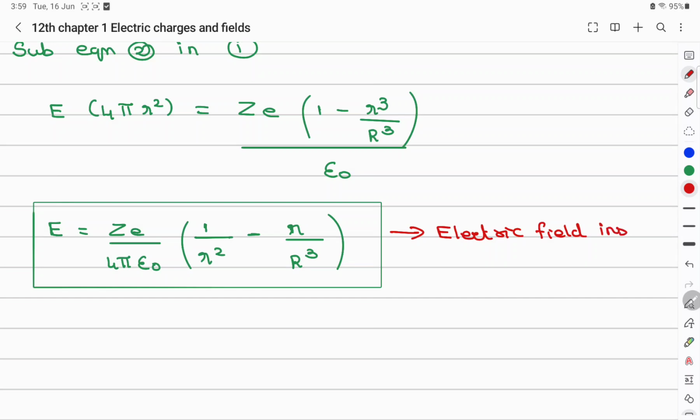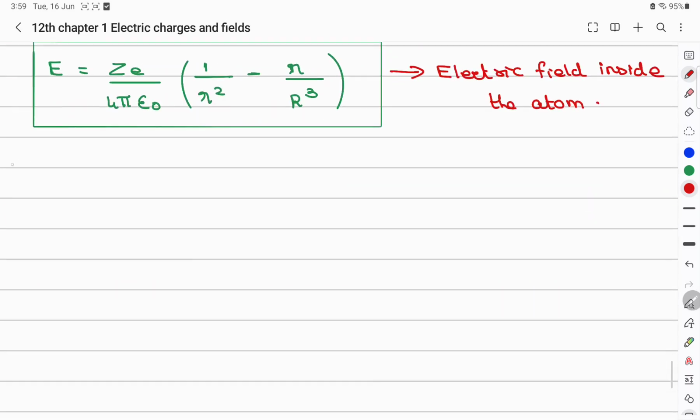Electric field inside the atom. And next we're going to solve for outside the atom.